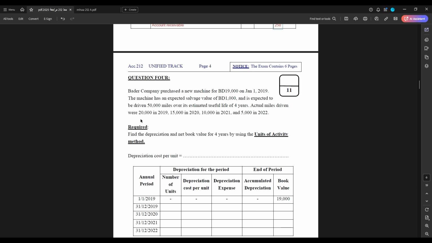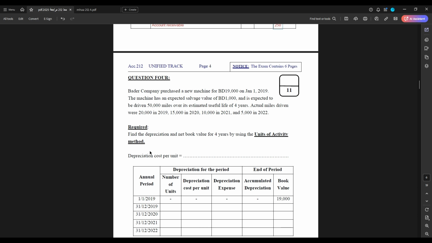Actual miles driven were 20,000 in 2019, 15,000 in 2020, 10,000 in 2021, and 5,000 in 2022. Required: find the depreciation and net book value for the 4 years using the units of activity method.